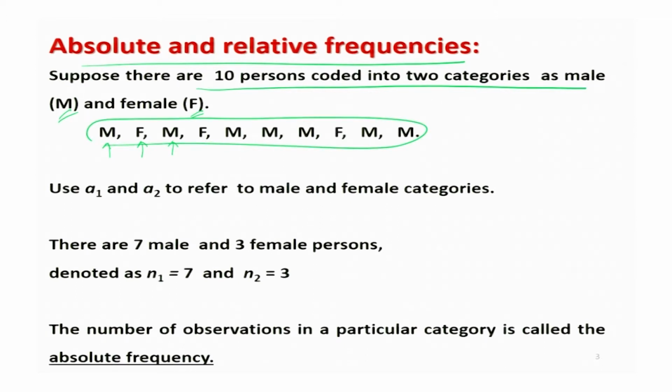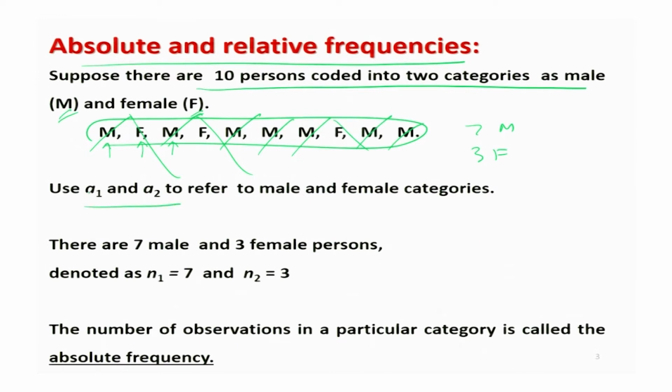Now you would like to know how many people are in these two categories of male and female. Let us count how many are male and how many are female: 1, 2, 3, 4, 5, 6, 7. So there are 7 males, and then 1, 2, 3, there are 3 females, right? These two categories, male and female, can in general be indicated by A1 and A2.